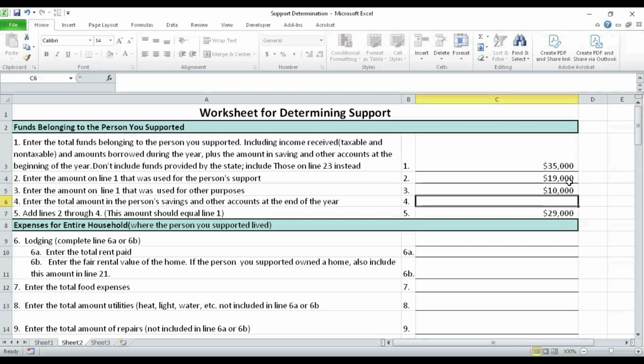And he had 6,000 in his bank account at the end of the year. So when we add lines 2 through 4, we get 35,000. This amount should equal total funds available during the year.